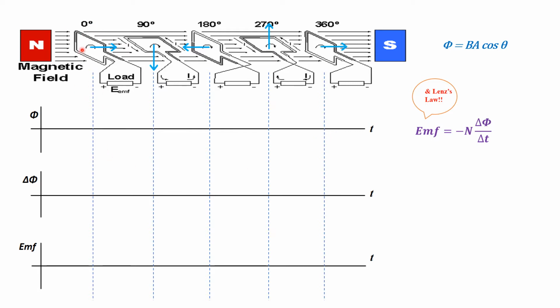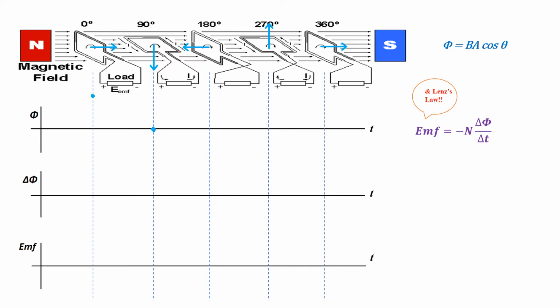Now the first coil, we know that the angle between the normal and the magnetic field equals 0. And since cos 0 equals 1, therefore we will get a maximum flux, which is around here. And in the second coil, we know that the angle between the normal and the magnetic field is 90 degrees. And since cos 90 degrees equals 0, therefore we'll get 0 flux.